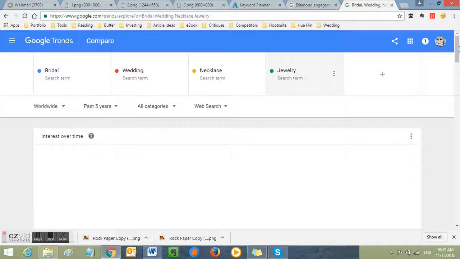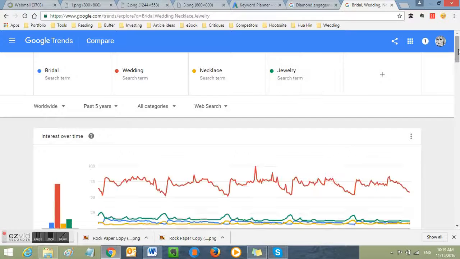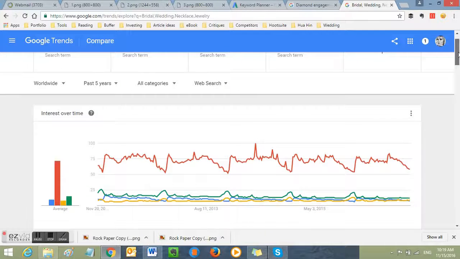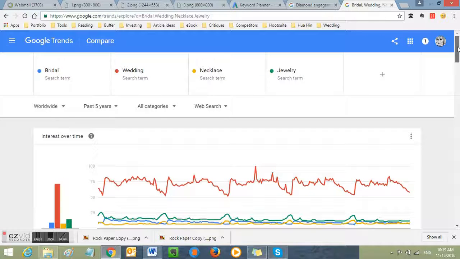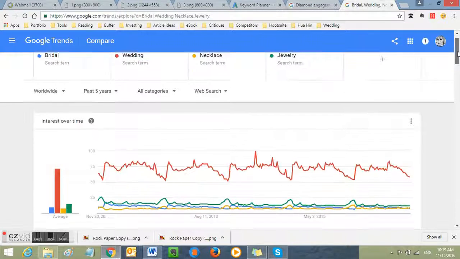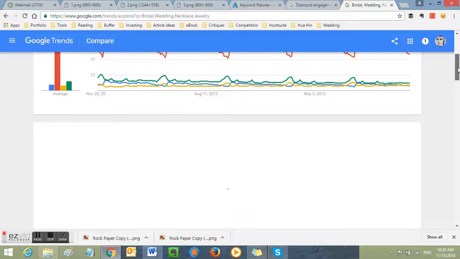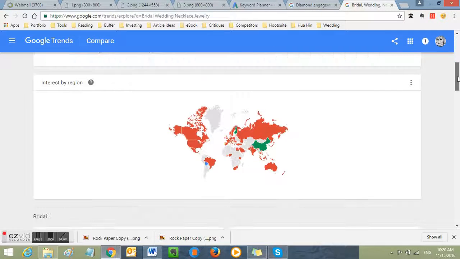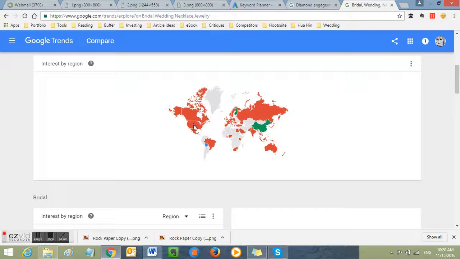And I think jewelry will be quite high because it is quite a broad term. Yeah, it's much higher than bridal and necklace, and we can use that. How does it shape up in the US area? Yes, jewelry 14 searches, not 14 searches, 14 users. Is it per month?